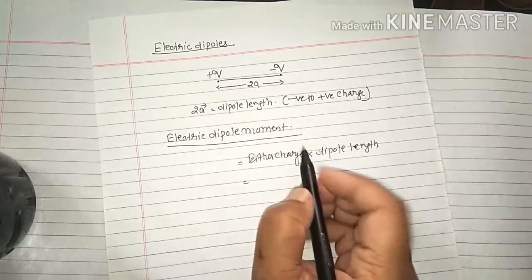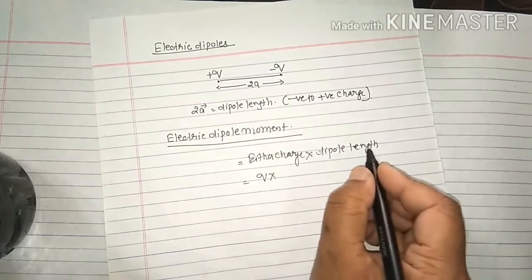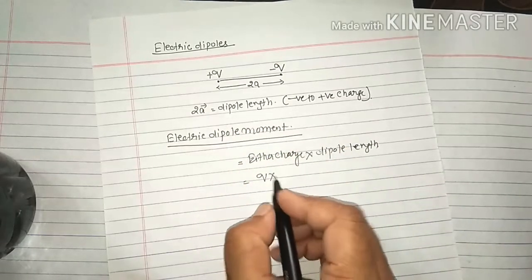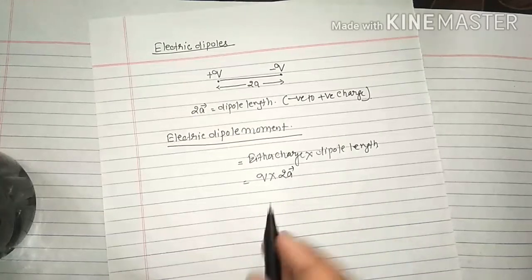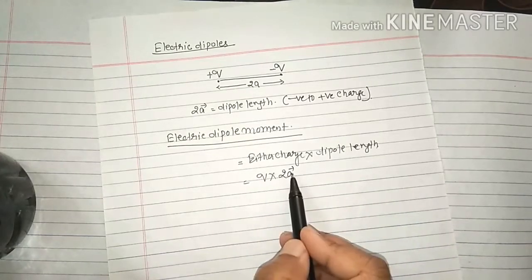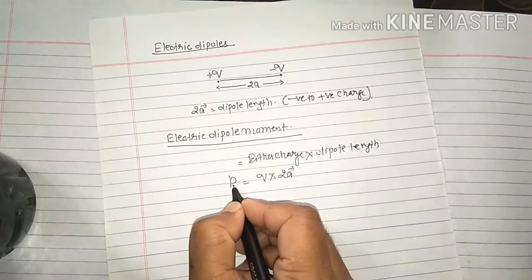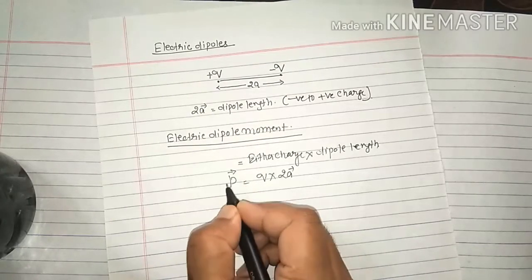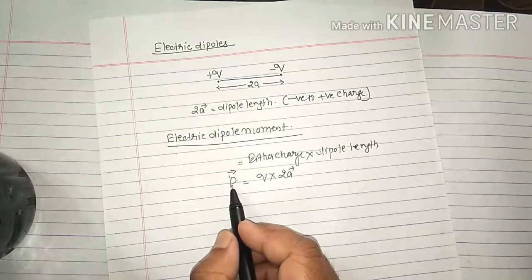So the magnitude of either charge is Q, and the separation between these two is 2a. So Q into 2a, the product, is known as electric dipole moment, which is represented by P, and this electric dipole moment is also a vector quantity. And what will be the direction?